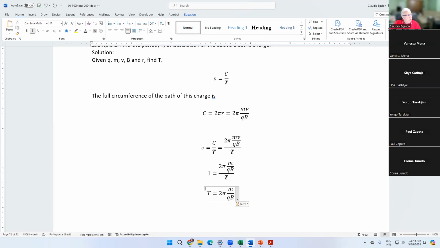That's the period of oscillation. Not period of oscillation, that's the period to undergo a full circle.